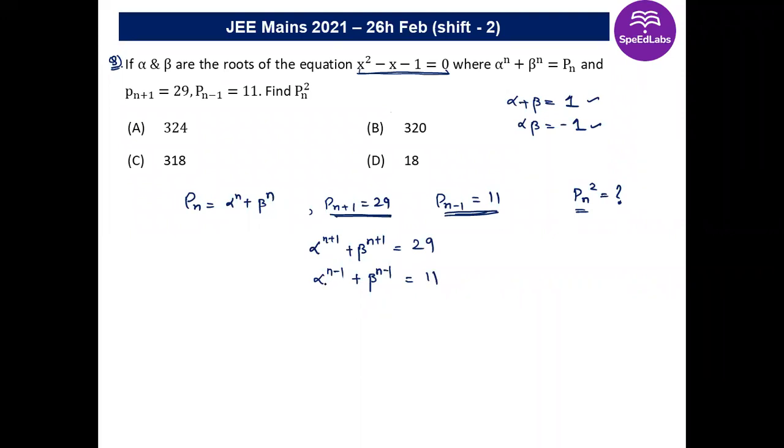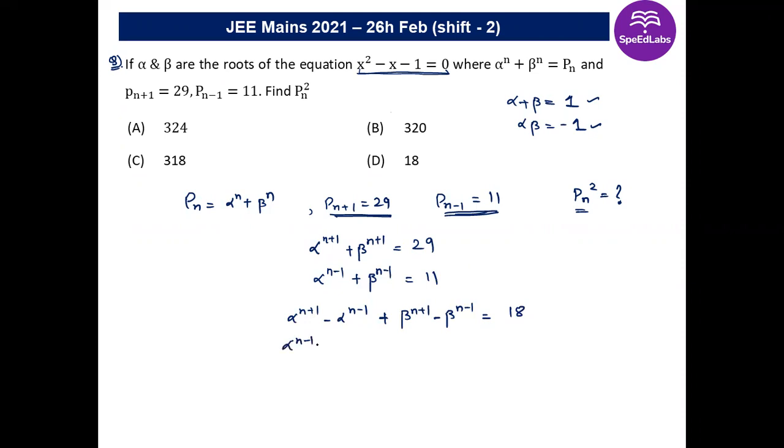Right? Now here, if we simply subtract both the equations, what you'll get is alpha to the power n plus 1 minus alpha to the power n minus 1 plus beta to the power n plus 1 minus beta to the power n minus 1 equals 29 minus 11, that is 18.